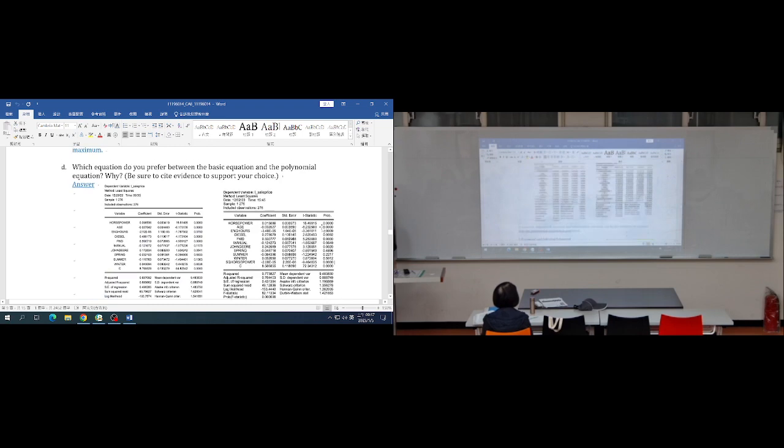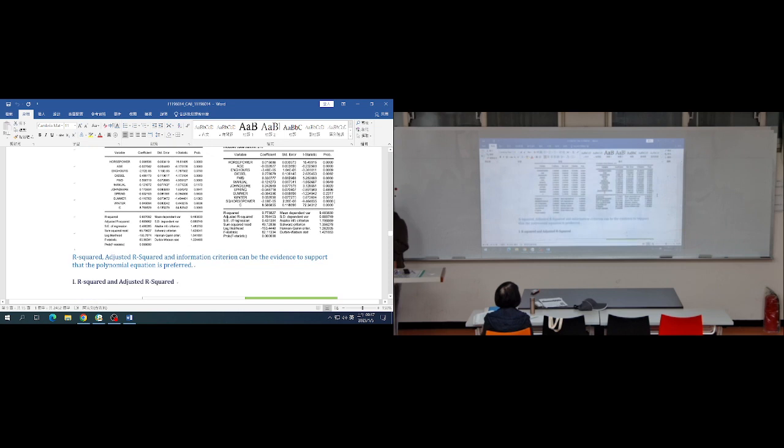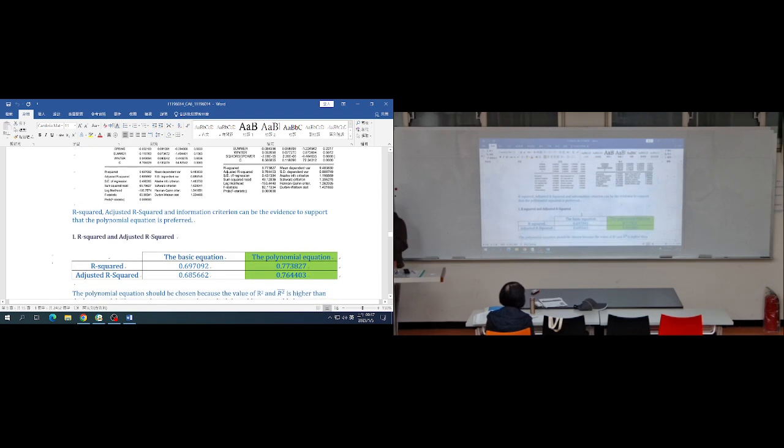Okay, D. I prefer the polynomial equation, because the R square and adjusted R square of the basic equation, I think it's okay, but the polynomial equation is better because it's close to 1.